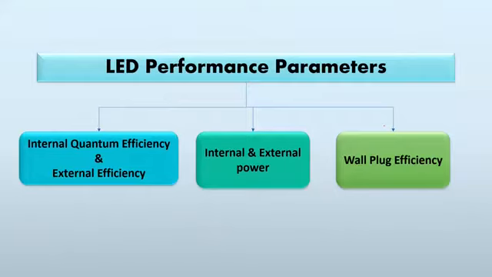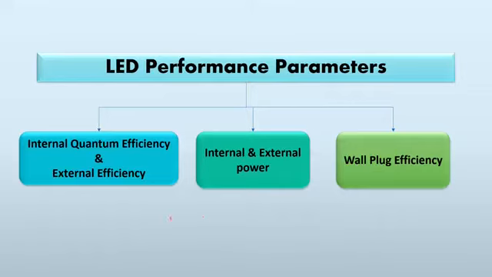So LED performance, I talked about various efficiencies, the coupling efficiency, the external efficiency. And in addition to that, you have a quantum efficiency, internal quantum efficiency. How much radiative recombination is taking place.